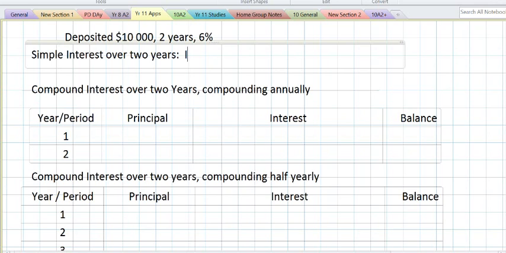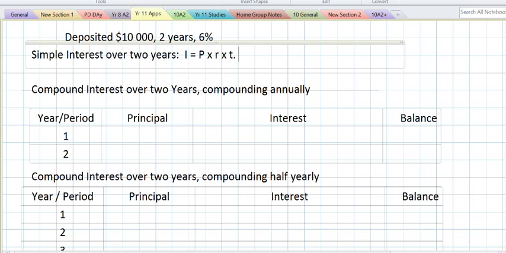So our interest equation is interest equals P, the principal, how much we put in at the start, times the interest rate, little i it should be, times time. Thank you, times time.